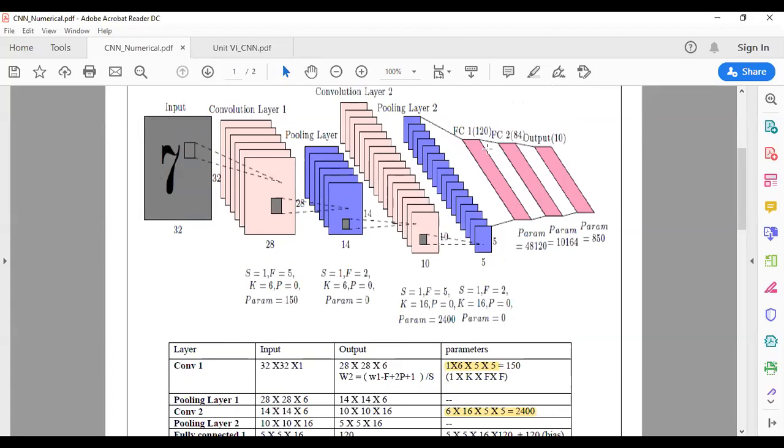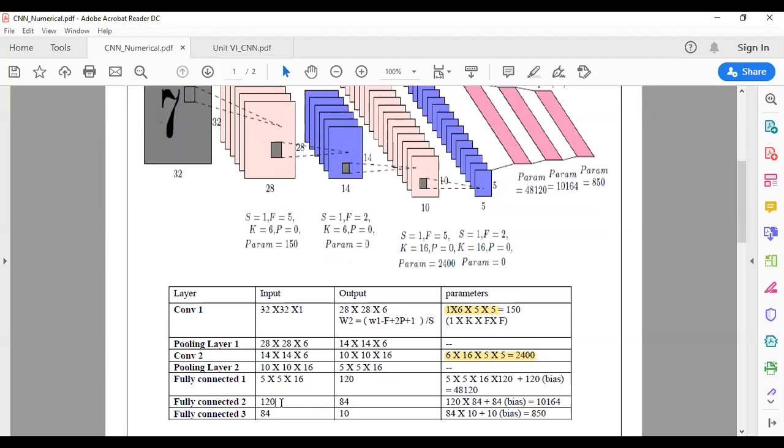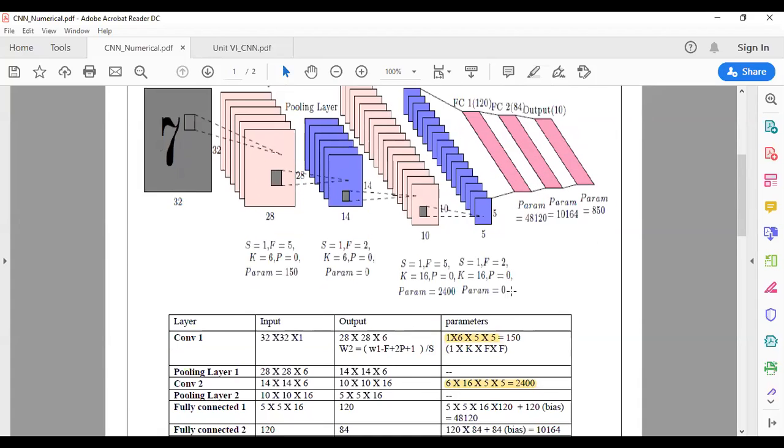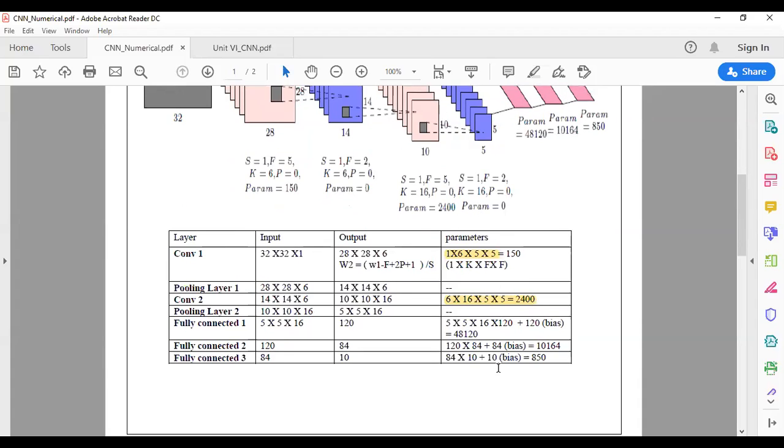Similarly, for the next layer, input is 120, output is 84. How many parameters will I have? 120 into 84 plus 84, because each of these output neurons will again have a bias. The moment there is a bias, there will be a weight for it also. These parameters are nothing but weights.